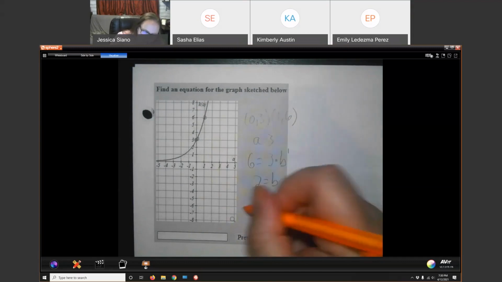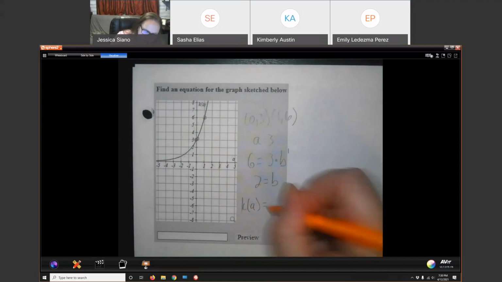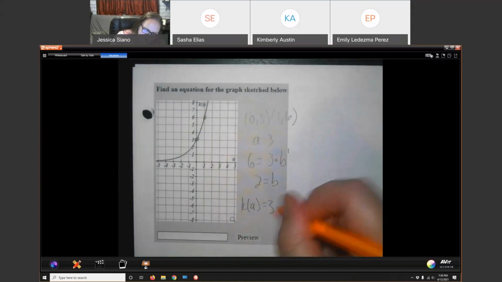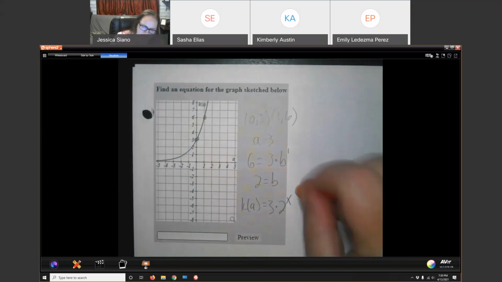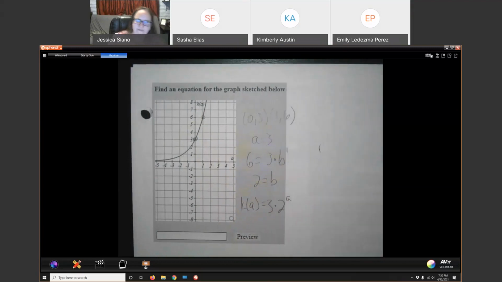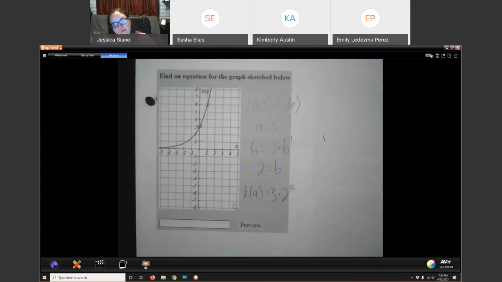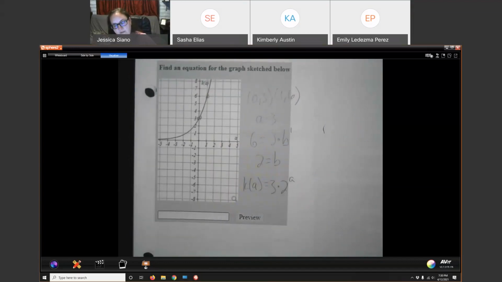And so this is going to be k of a equals 3 times 2 to the a, not x. And like I said, that's definitely the long way. So feel free to put it in the calculator.